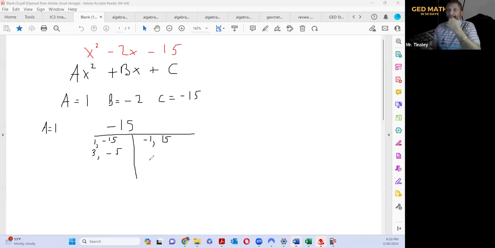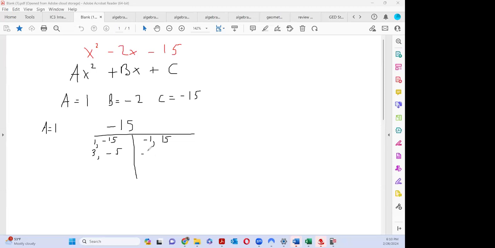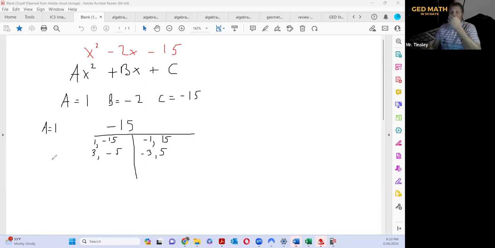Everybody understand that? Yes. And we're going to have -3 and +5. So again, identify a, b, and c. That's your first step. Your second step, if a is equal to 1, is to find the factor pairs of c. That's why I start with 1, because I go straight down so I don't miss any.